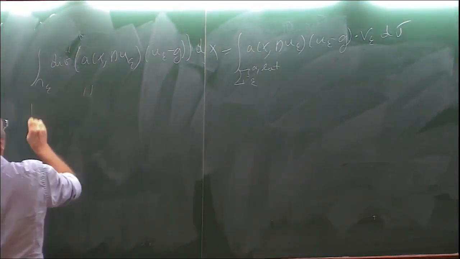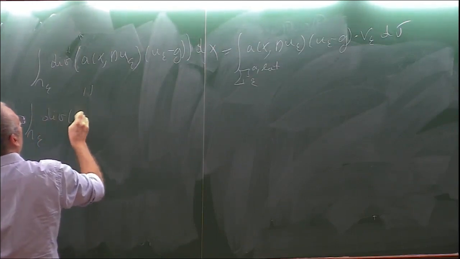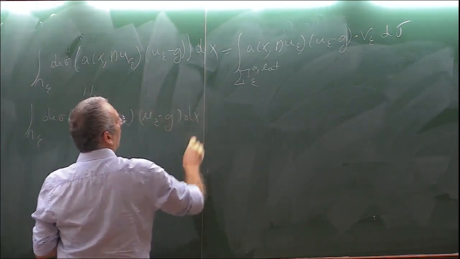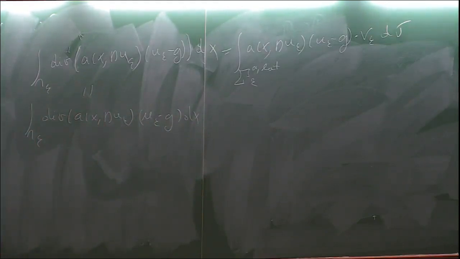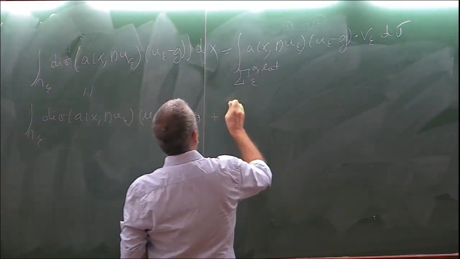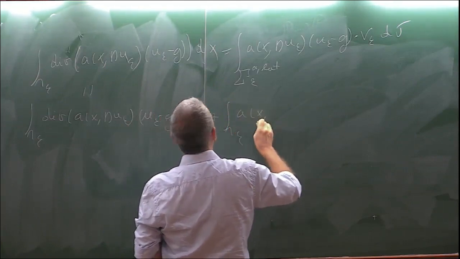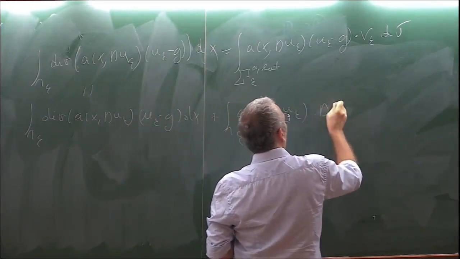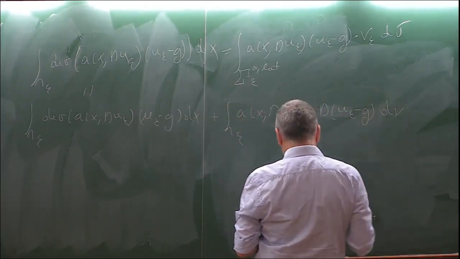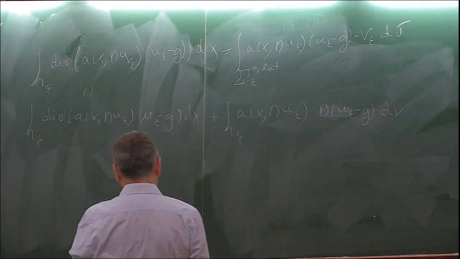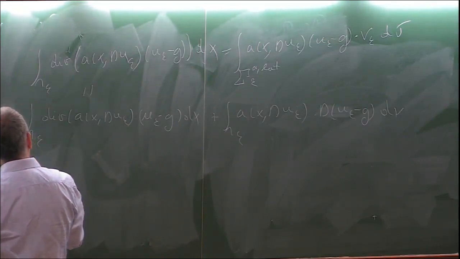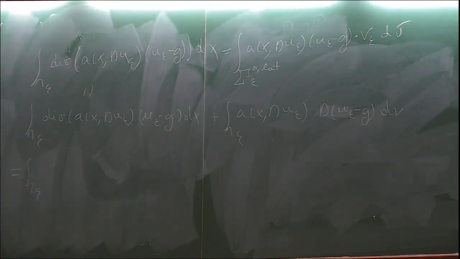This is equal to the integral on omega epsilon of the divergence of A of x gradient of u epsilon times u epsilon minus g, using the classical rule that the divergence of a product is divergence of the function times gradient, plus the integral on omega epsilon of A of x gradient of u epsilon times gradient of u epsilon minus g in dx. But the divergence is equal to f minus h0.